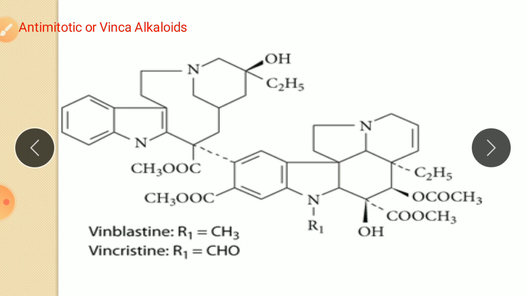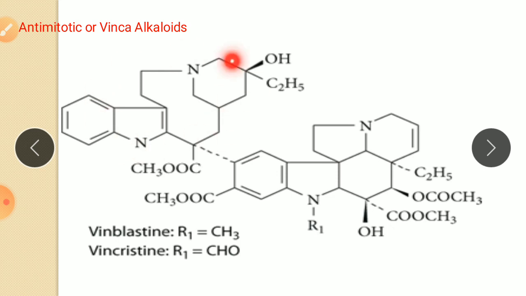The alkaloids are composed of a catharanthine moiety containing an indole subunit and a vindoline moiety containing a dihydroindoline subunit joined by a carbon-carbon bond. If we see the structure, there are two parts.